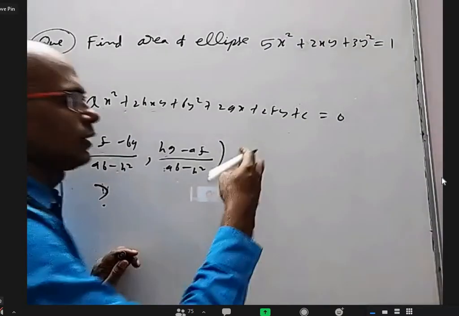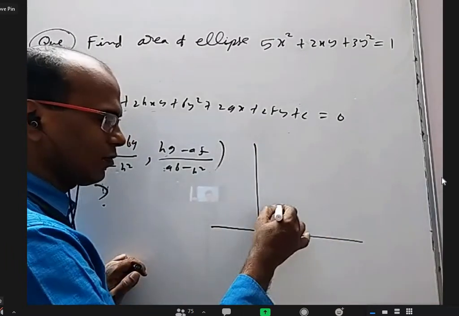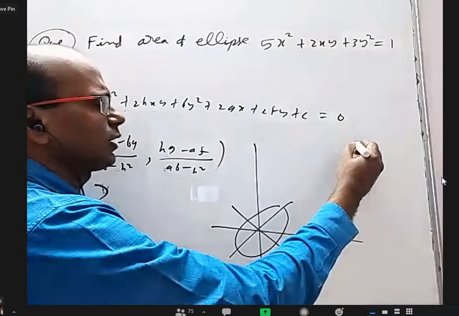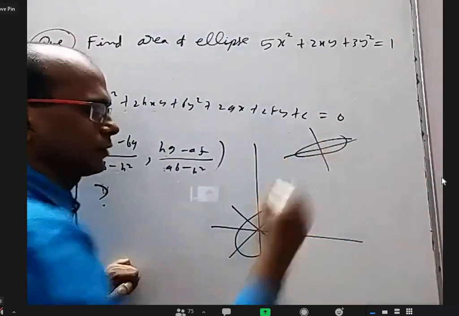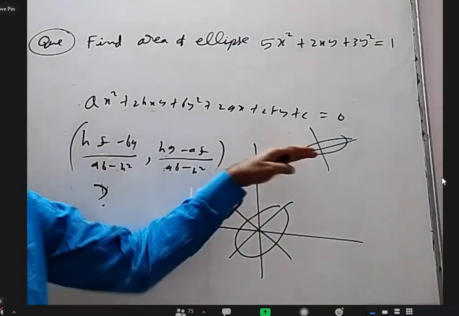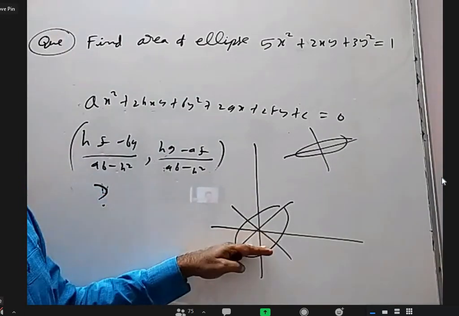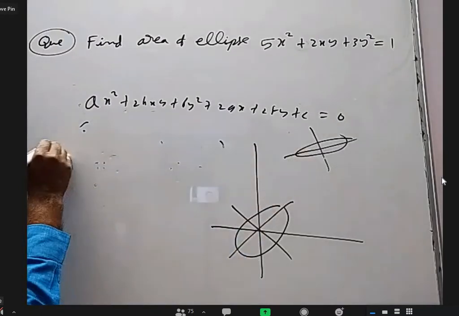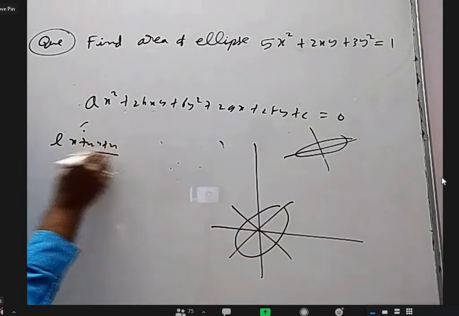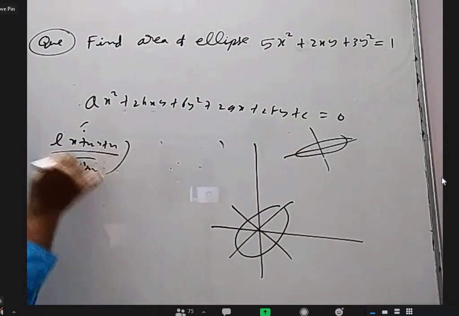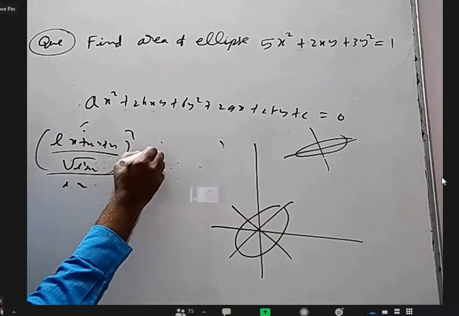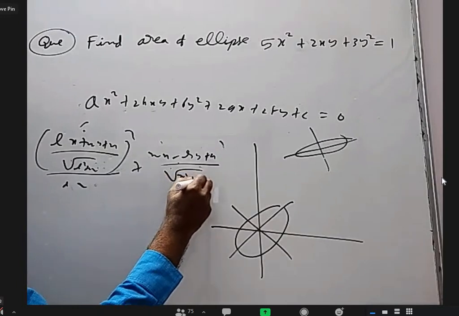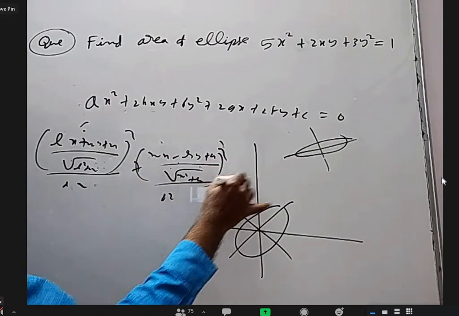All right, let us see this. I have an ellipse here rotated, but not translated, and I have another ellipse here rotated and translated. When I use the new definition, how will this equation be? The equation is something like ((Lx plus My plus n) by root of L square plus M square) whole square by a square, plus ((Mx minus Ly plus k) by root of M square plus L square) whole square by b square, equal to 1.